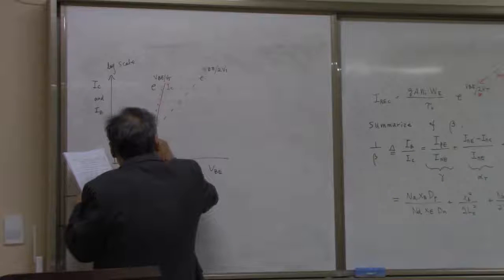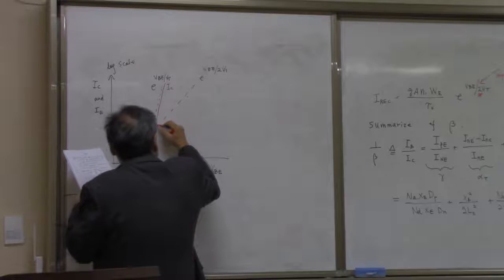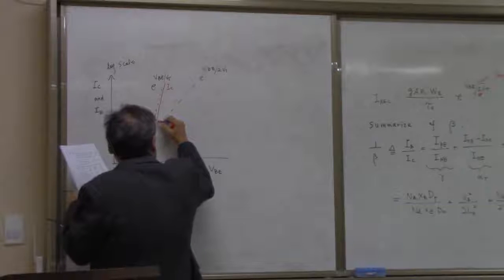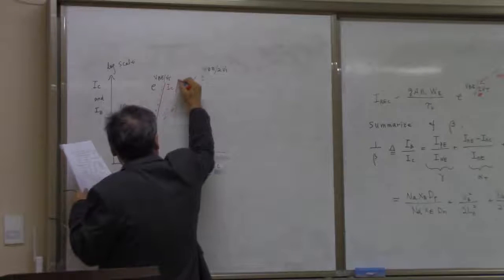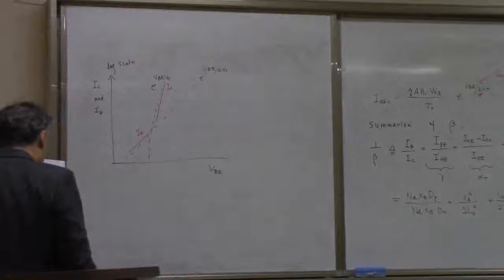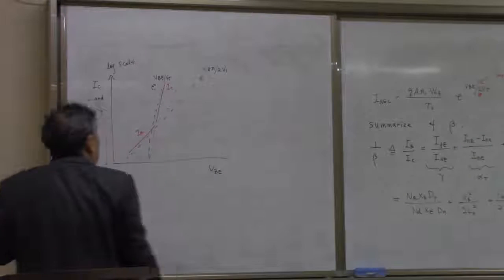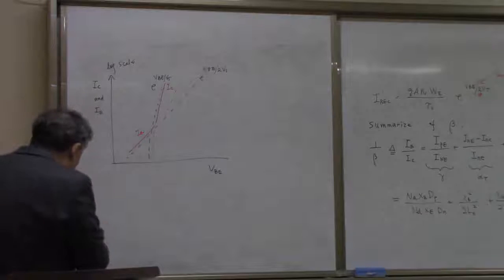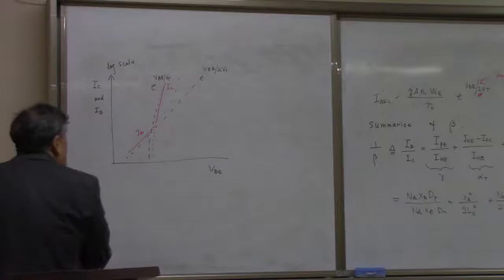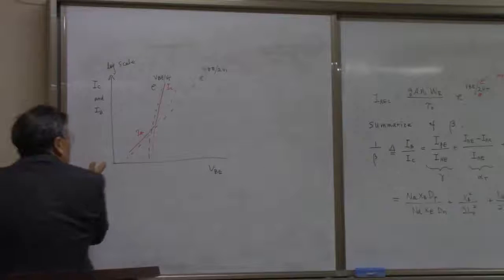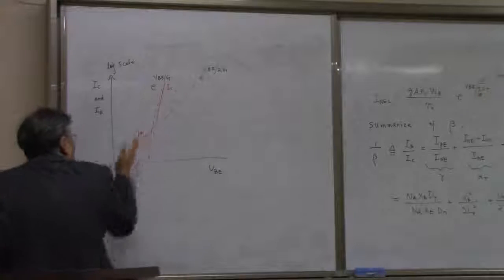This is IB. Of course, when you have a large VBE, this IV curve is going to follow in between here, but the IC is going to follow along this line. So, actually, this is what happens for the IC and IB. And then if you take the ratio of these two, then the beta value is going to follow this line.